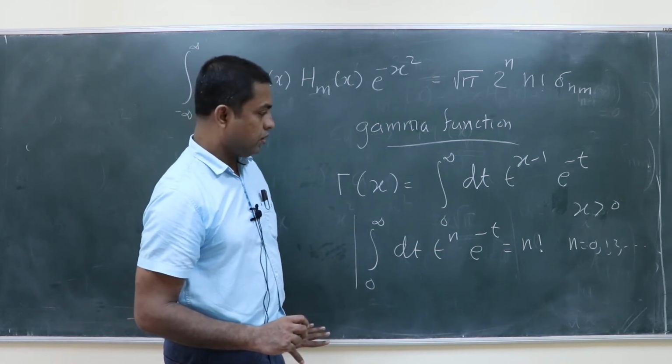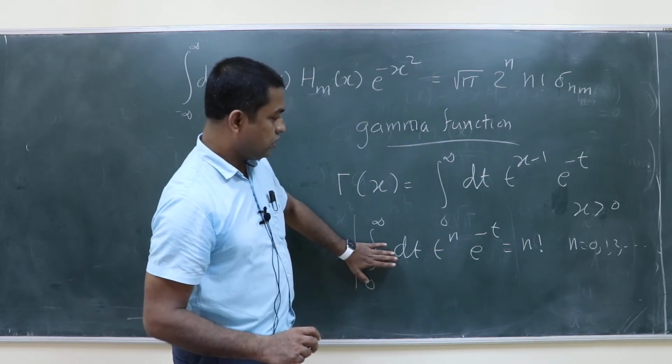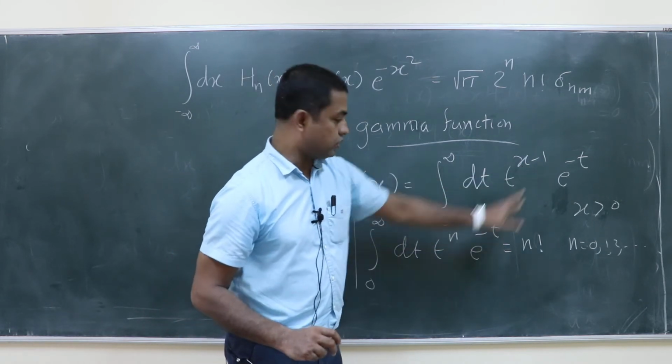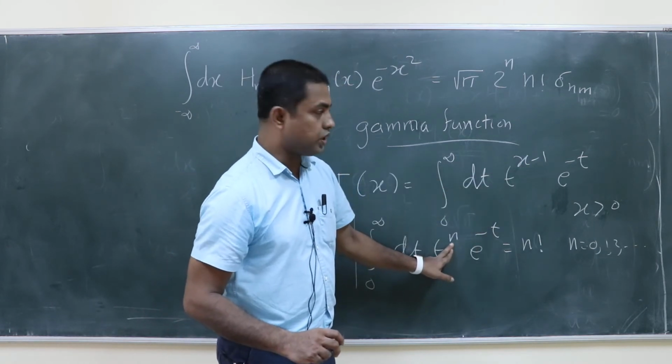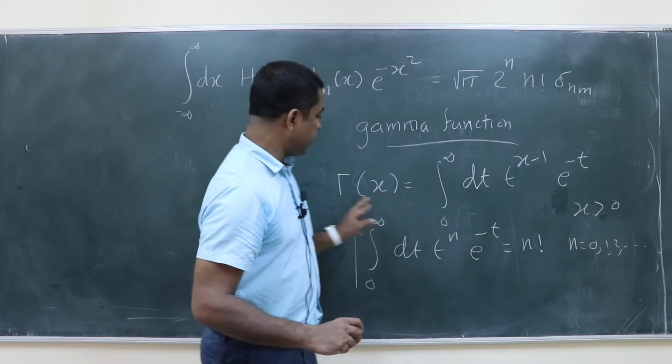Now you are extending this to a continuous variable. So that is what you have written here: instead of t power n with integer n, you are extending it to a continuous variable x. So you get a gamma function there.